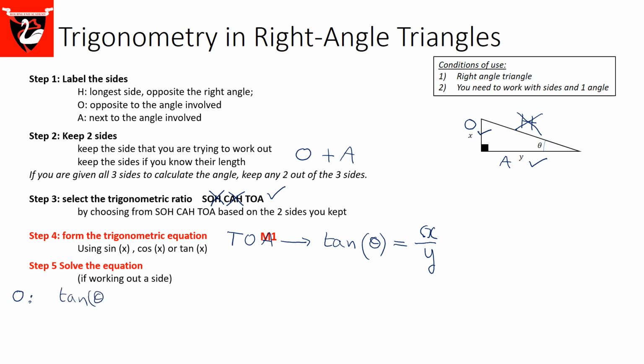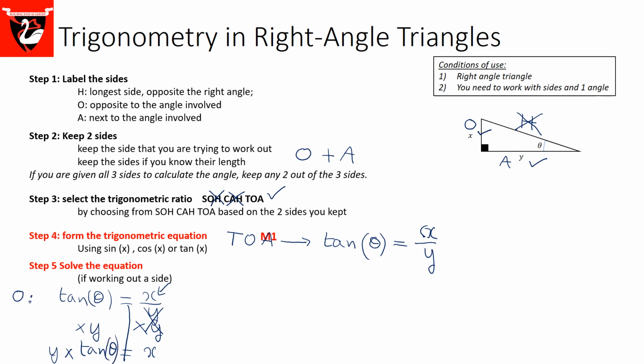So tan of theta equals x over y. And if you want to find the opposite side, you want to find x. And you're going to solve your trigonometric equation by clearing the denominator. If you want x alone, then you will need to multiply both sides by y. The y is eliminated. You now have x equals y times tan of theta.